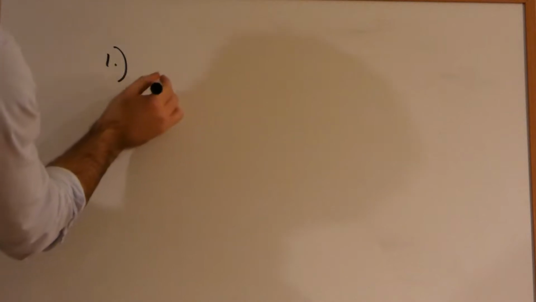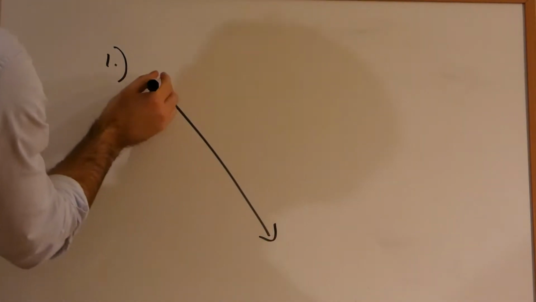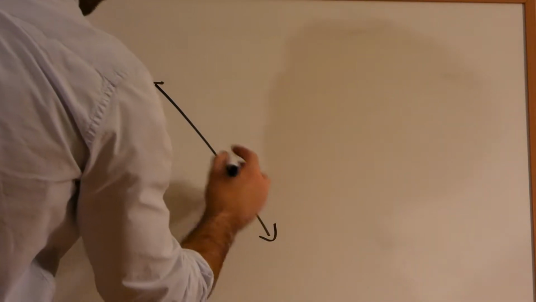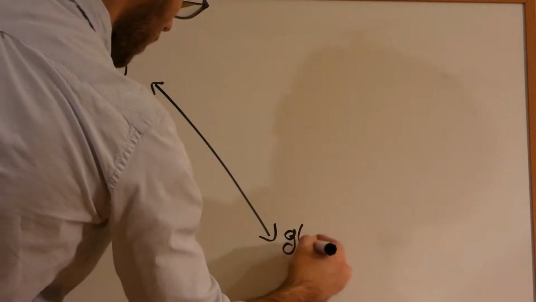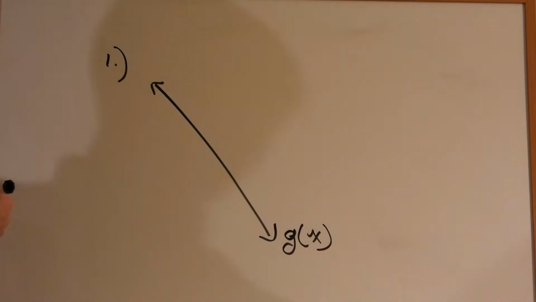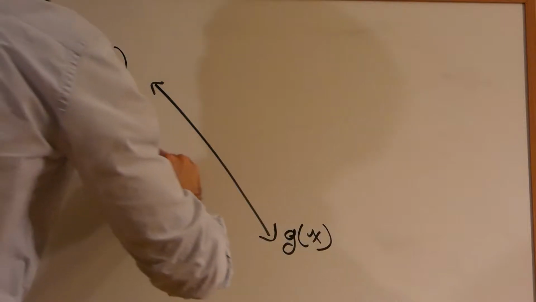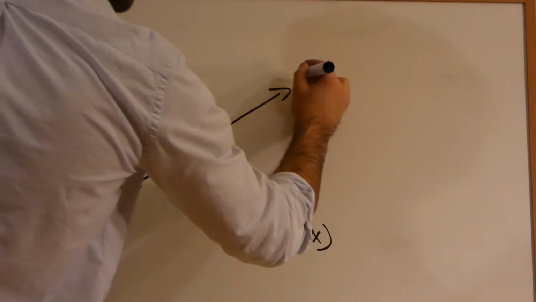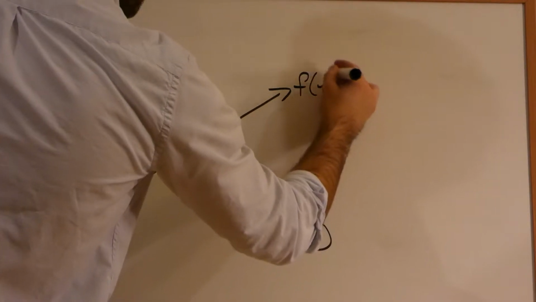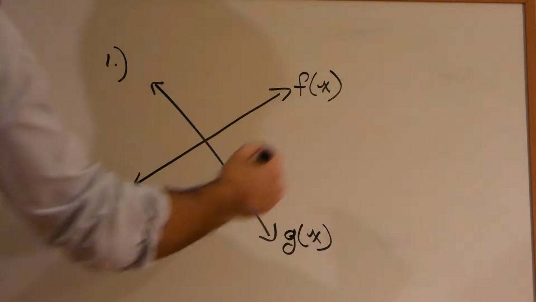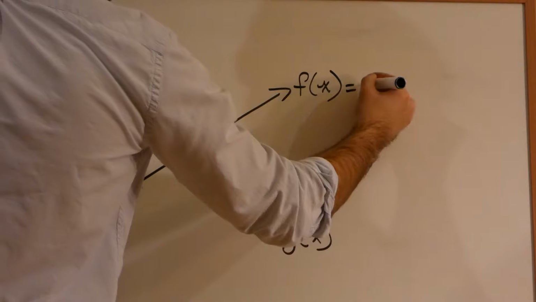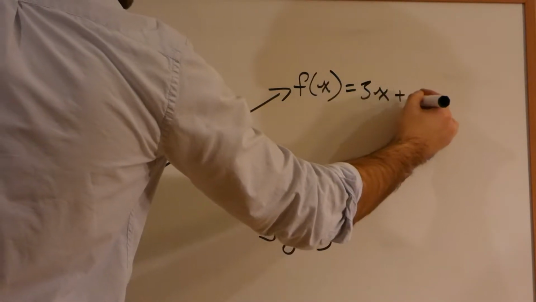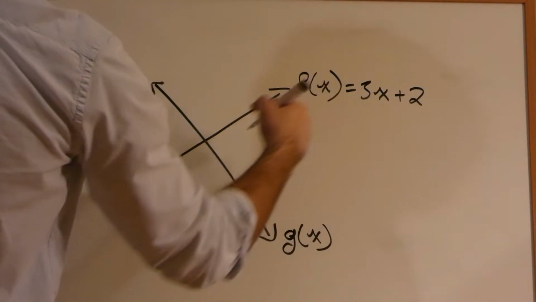So for question 1, what we're trying to do is figure out what the equation of this line way down here is. We're trying to write an equation for that, g of x. But we're given a line that kind of cuts it right here. We're given the equation of this line is f of x, and it's said to equal 3x plus 2, 3 being the slope of this line.